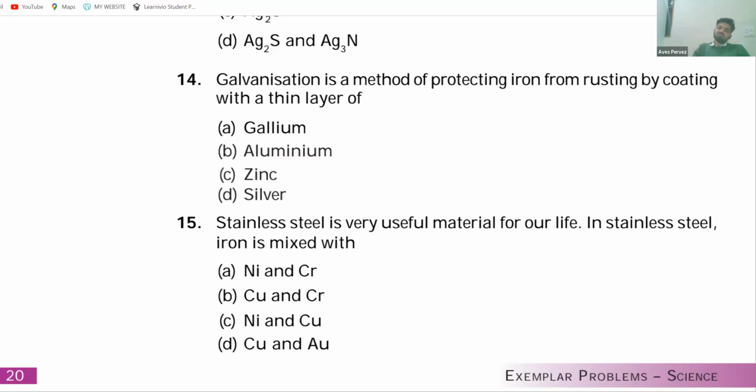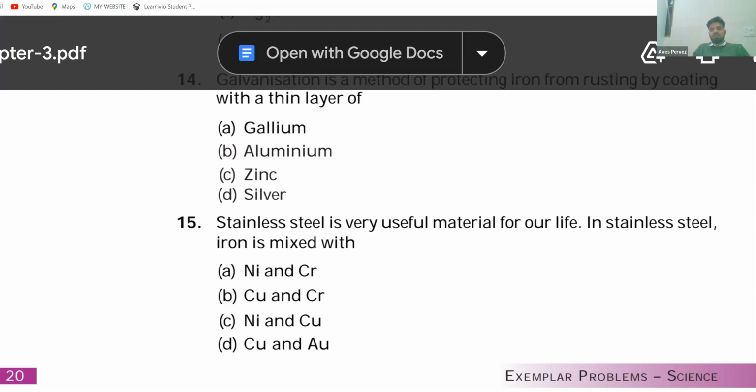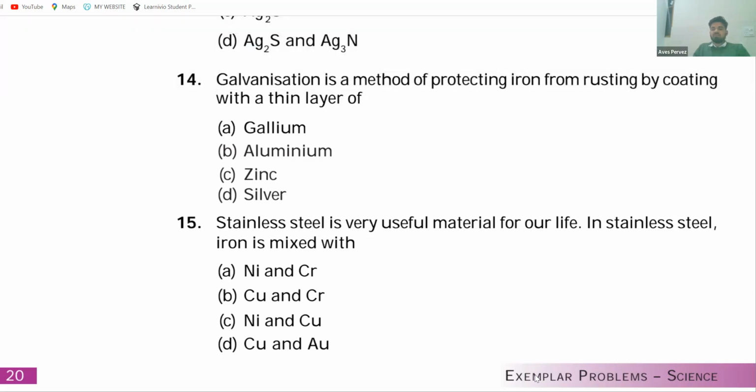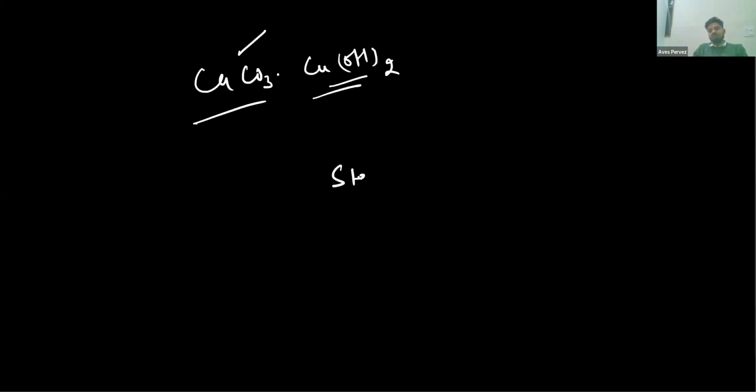Note down the configuration of iron. In stainless steel we use iron. If it is only steel, then it is iron plus 1% carbon.